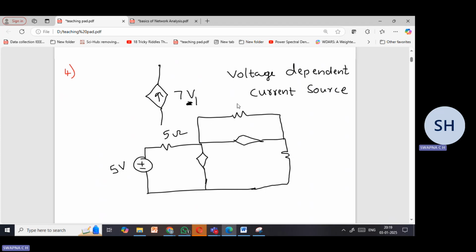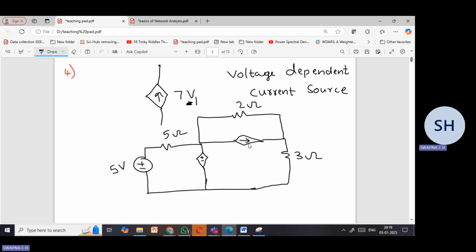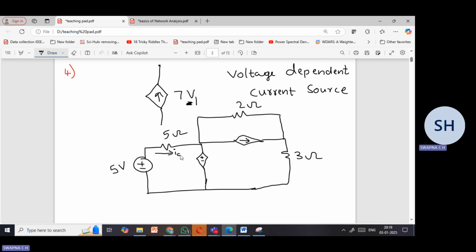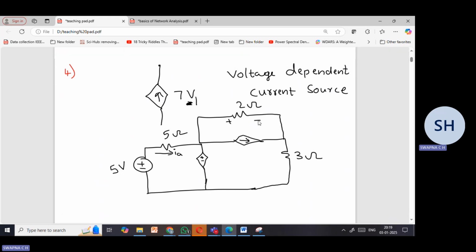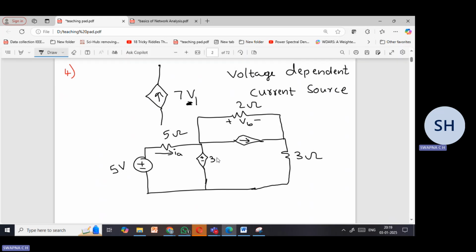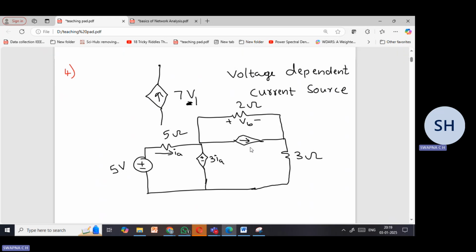Let this be 2 ohms, and let this be 3 ohms. Here I will write the plus minus symbol, and I will write an arrow here and name this IA. Somewhere here VB. So here it is given as 3 IA and here it is given as 7 VB.